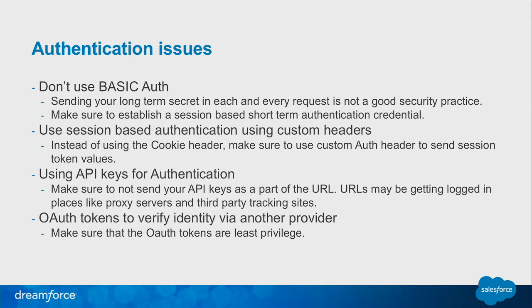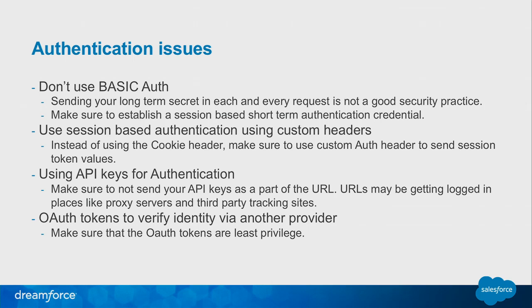What that means is if ever they're sitting on an unencrypted channel, or if that request ever ends up in a log somewhere, that's going to compromise their long-term secret. And it's not giving you any encryption guarantees or secrecy guarantees by itself. All you're doing is base64 encoding the username and password and sending it along each and every time, right? So that's just definitely not a good security practice, because all of us again are cringing when I'm talking about it.